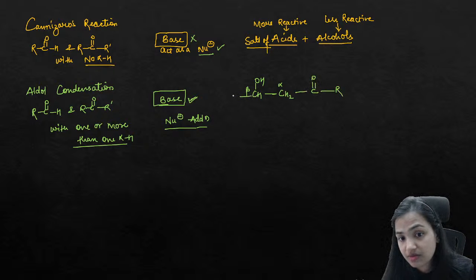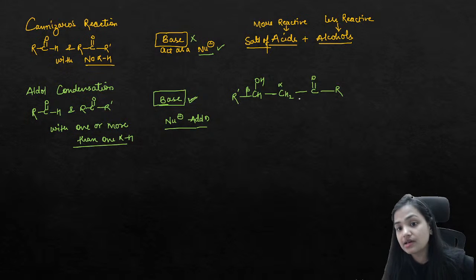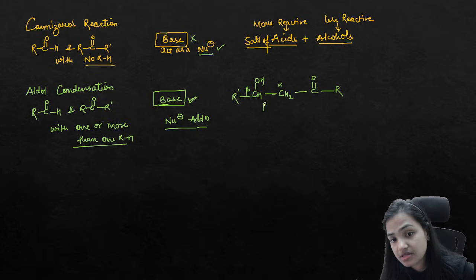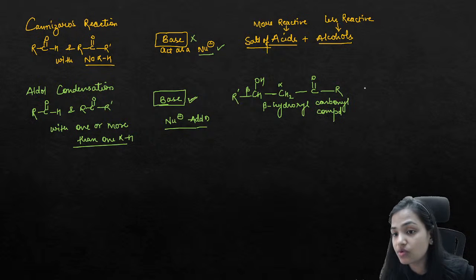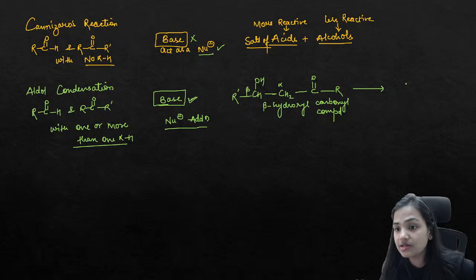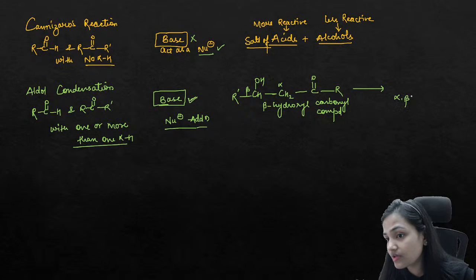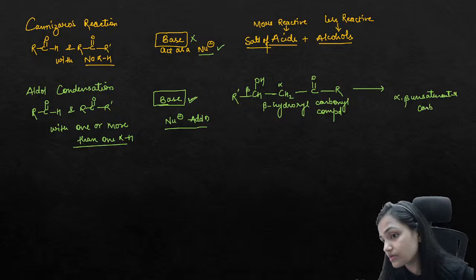Such kinds of compounds will form. And if you have one more alpha hydrogen, then what can happen? This can result in the formation of an alpha beta unsaturated carbonyl compound.